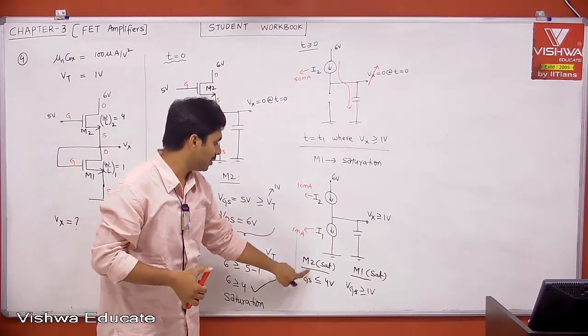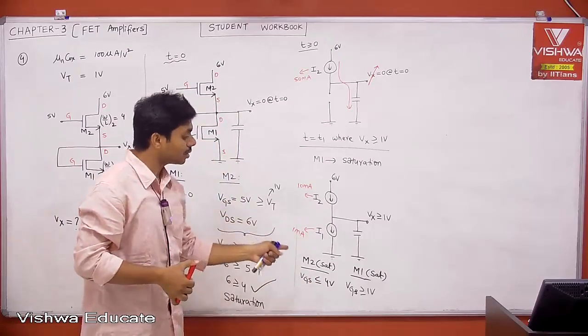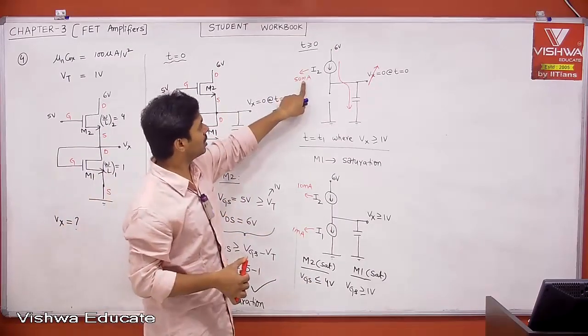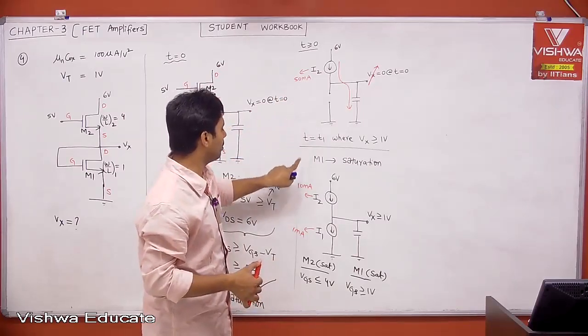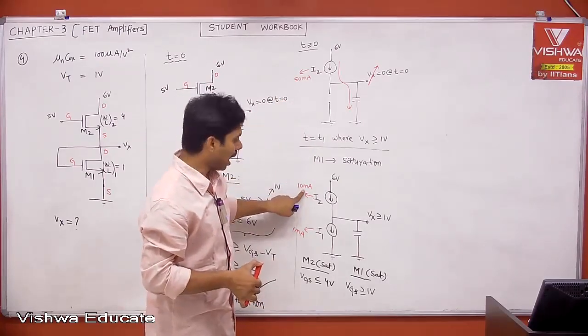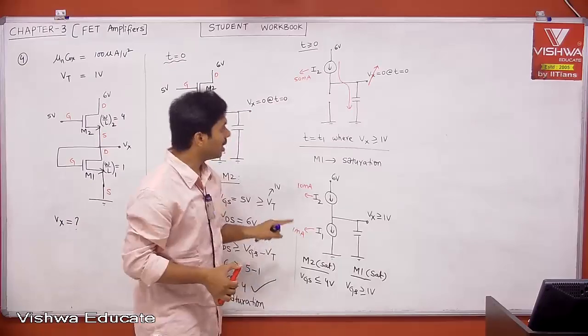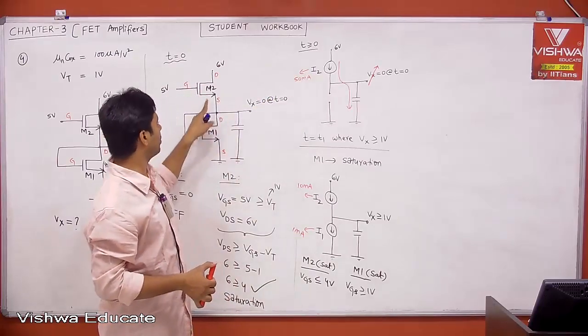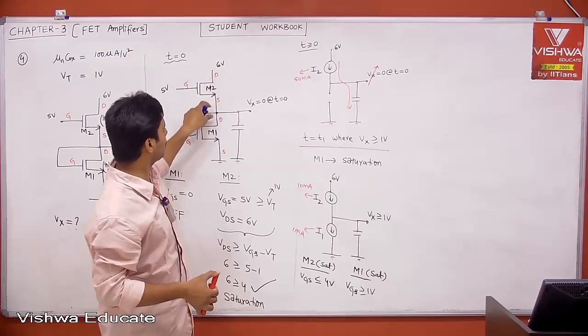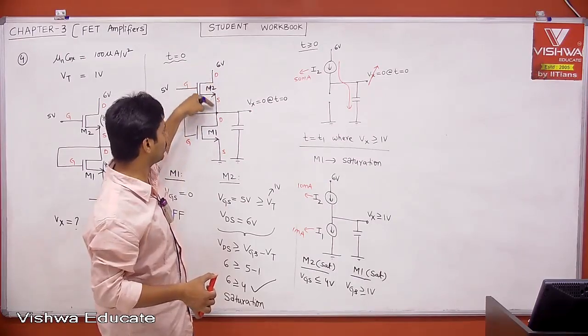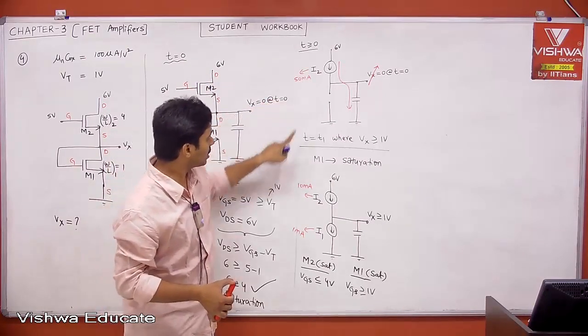Now VGS of M2 is 4 volt. Your VGS is decreasing slowly. As VGS is decreasing, the 50 milliampere slowly becomes, let us say, 10 milliampere as this voltage is increasing. Because as this voltage increases, the VGS of M2 decreases. Then the current flowing through M2 and charging the capacitor is decreasing. Then let us say 10 milliampere.